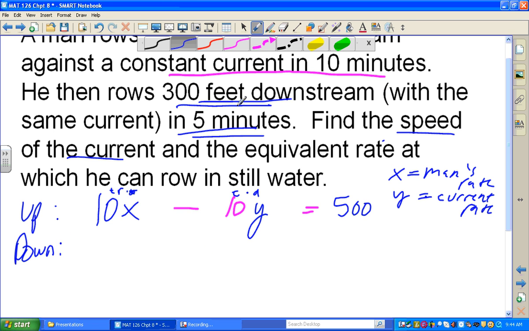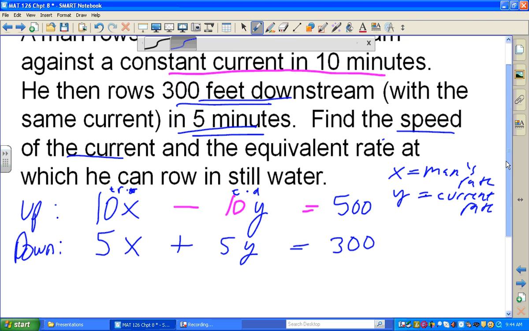It says he then rows 300 feet downstream with the same current in 5 minutes. So 5 times x plus 5 times y equals 300. We're trying to find the speed of the current, so let's multiply the bottom one by -2.